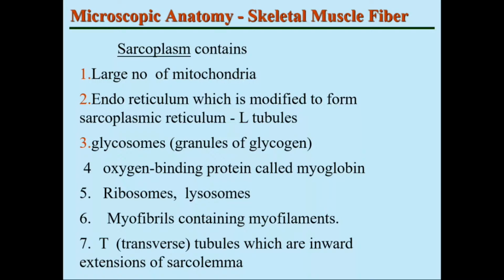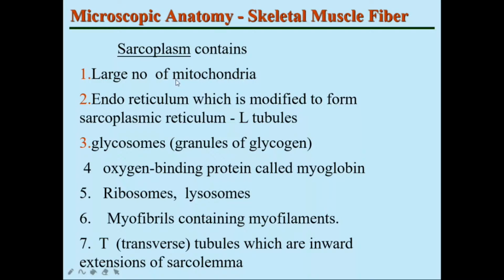So the myofibrils, which contain myofilaments, and of course the additional part is the T tubule or the transverse tubules, which are formed by invagination of the sarcolemma. So at some places the sarcolemma dips into the interior of the muscle cell, forming a tubule which runs across the length, and therefore these are called the transverse tubules.